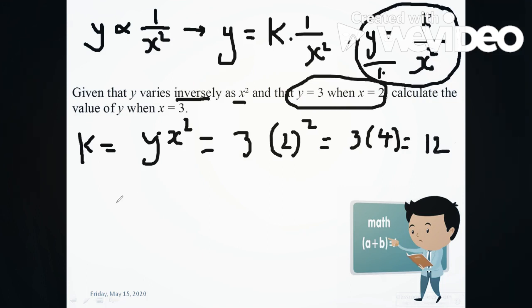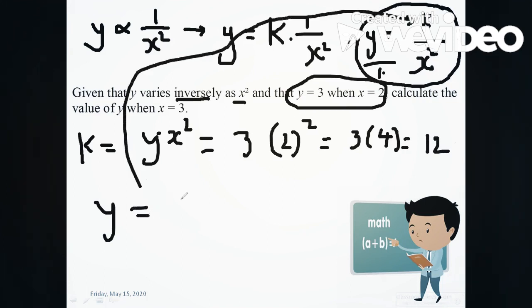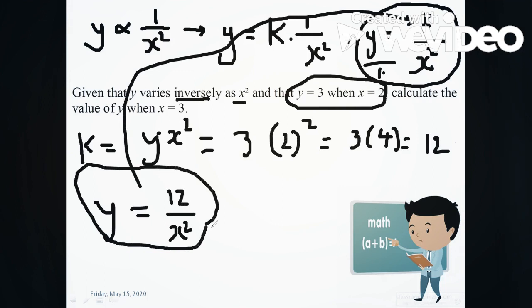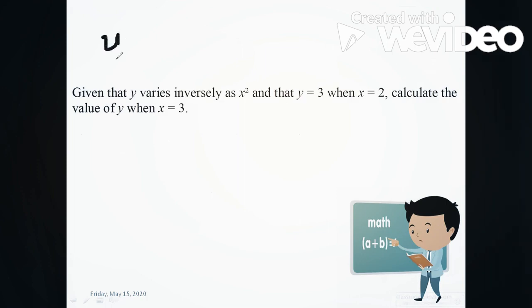So our formula, ladies and gentlemen, is y equals 12 over x squared. We're going to use this to find the value of y when x equals 3. So let me rewrite our formula. Y is equal to 12 over x squared.